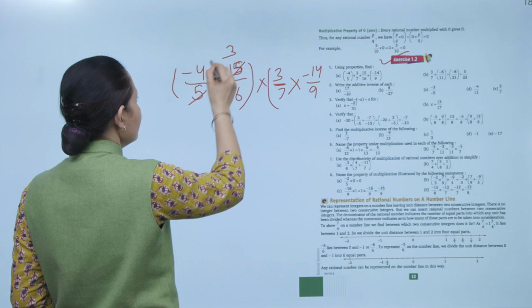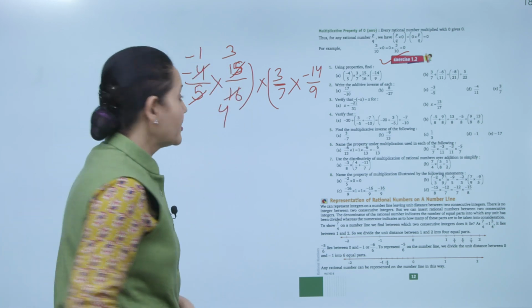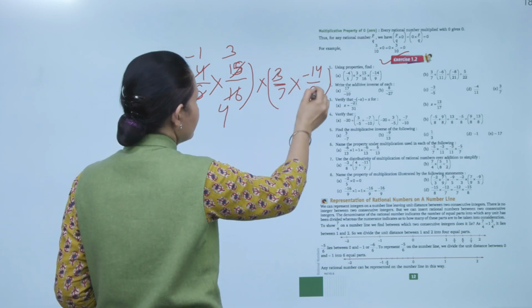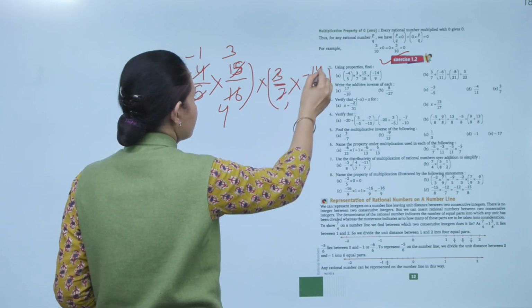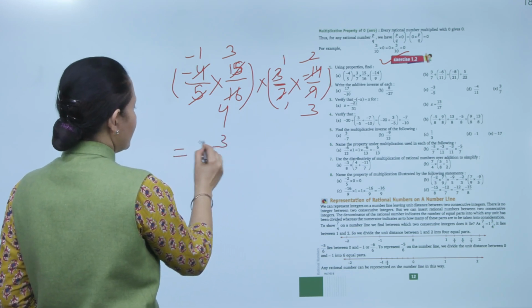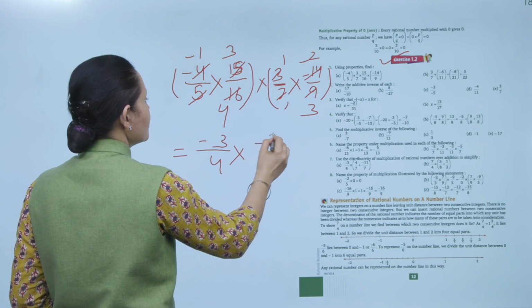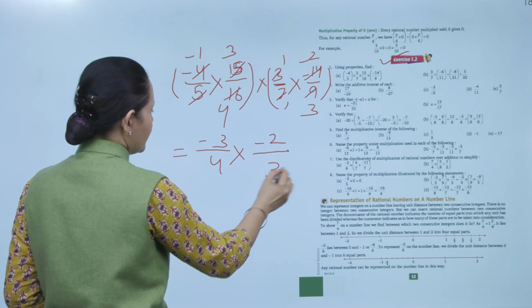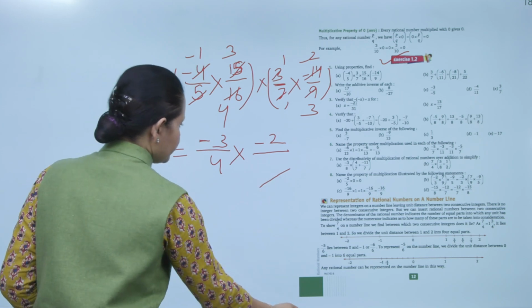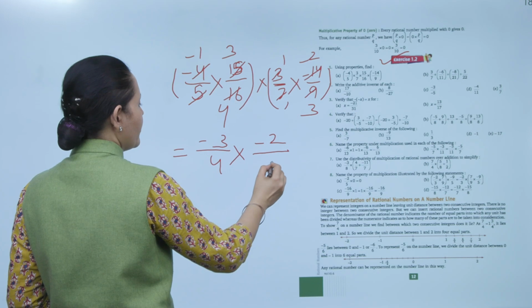5 3s are 15, minus 1, 4. Here 3 1s are 3, 3 3s are 9, 7 1s are 7, minus 2. So that is equal to minus 3 upon 4 multiplied by minus 2 upon 3.